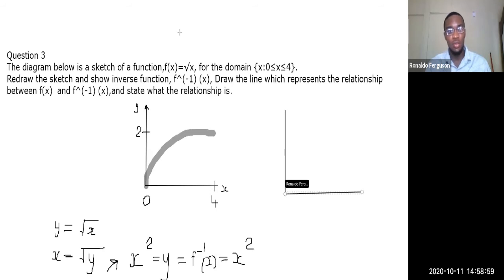Alright, so this is our x-axis, this is our y-axis. They say redraw the sketch. This is 0, this is 4, this is the curve. This curve from 0 to 4 is y equal to root x.